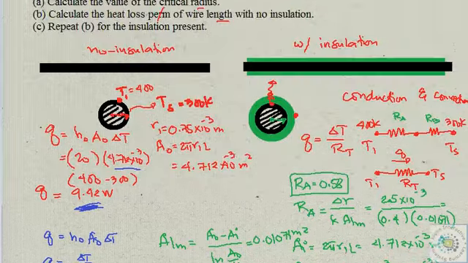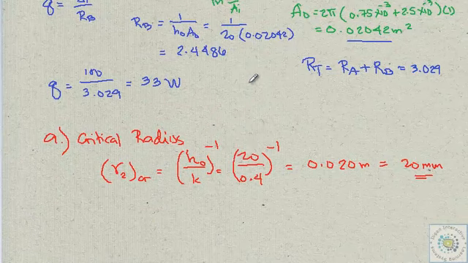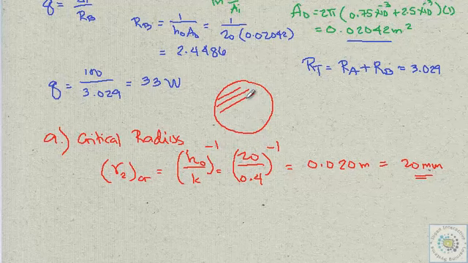That means if you have something quite big already, for example a wire with a radius of 1 meter, of course there's no wire like that, but this is what happens with a pipe.